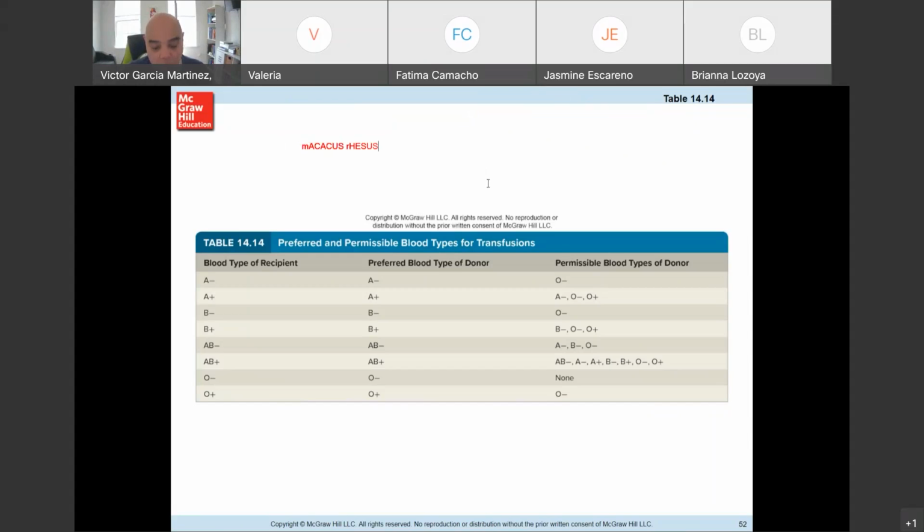That's the reason we call this antigen D, RH. And we can have it, it's going to be positive, or we cannot have it, it's going to be negative. If we have the antigen, we are RH positive. If we don't have the antigen, we are RH negative.